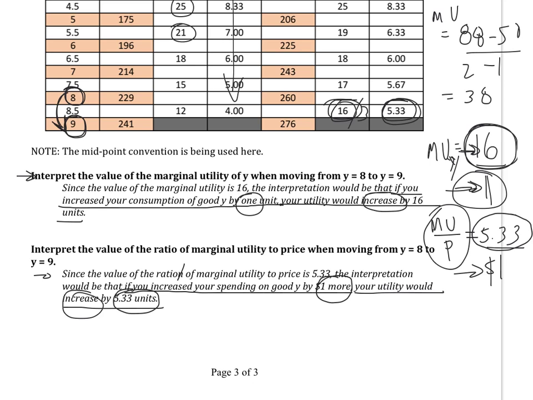That is incorrect. On the video, and I'll probably reinforce in class again, a little bit of algebra regarding the marginal utility divided by the price makes it clear that the interpretation is: add one more dollar, and your total utility increases by 5.33.